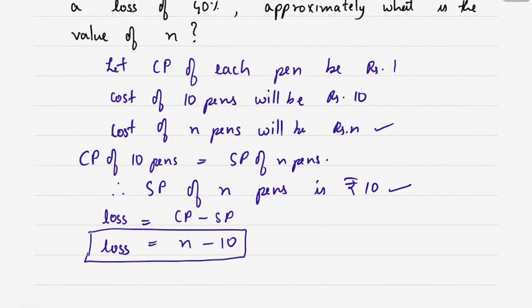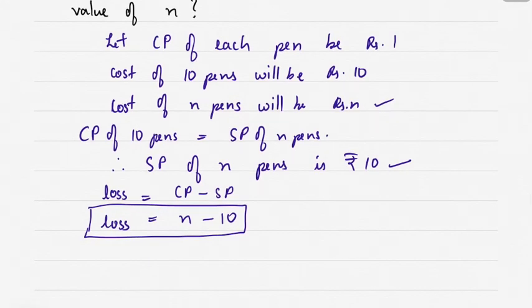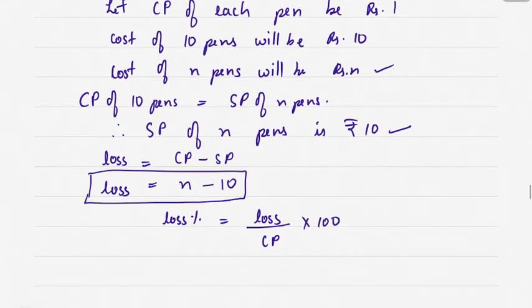Okay. Now there is a loss of 40%. So that means we'll write the formula. Loss percent is equal to loss upon cost price into 100. Correct? And loss percent is 40.